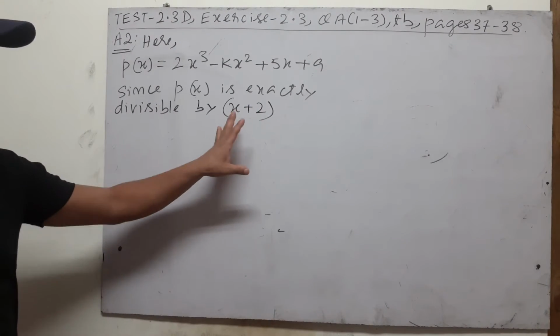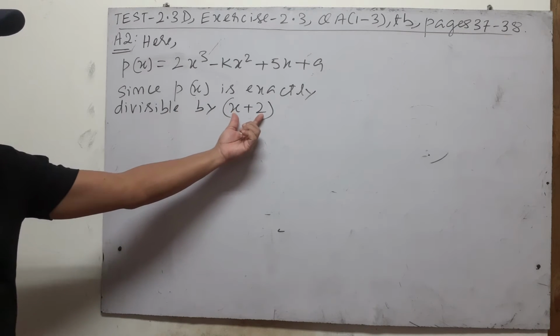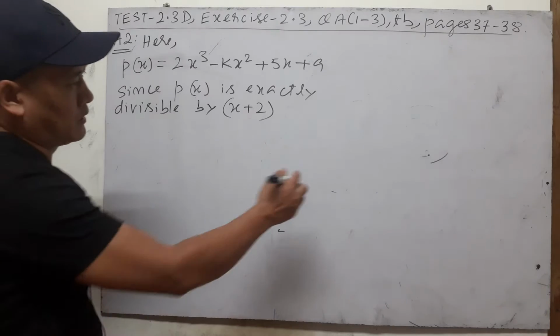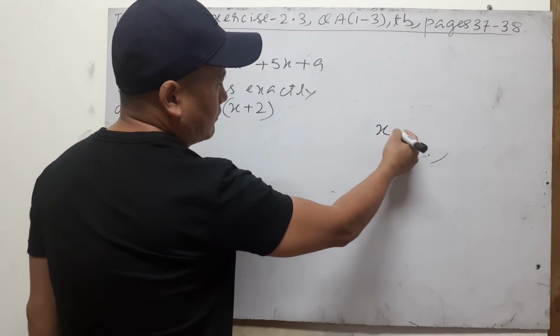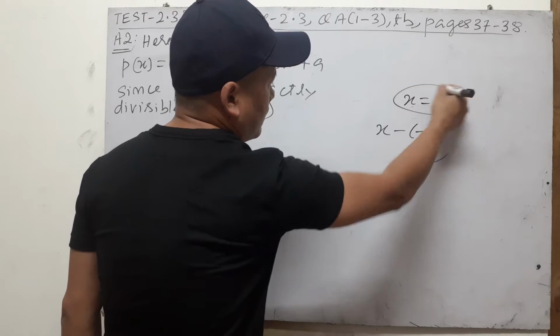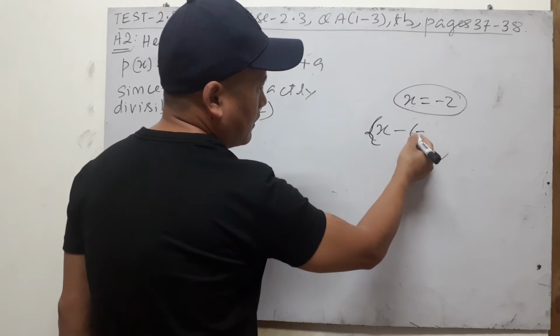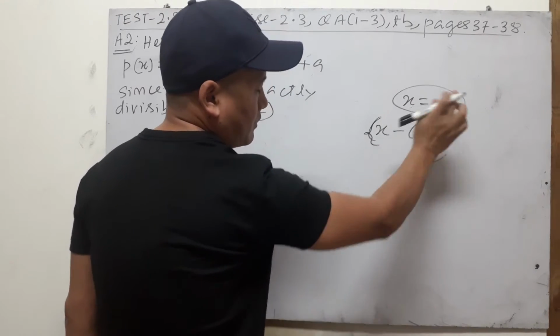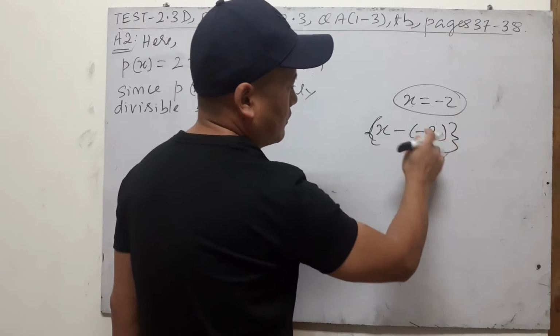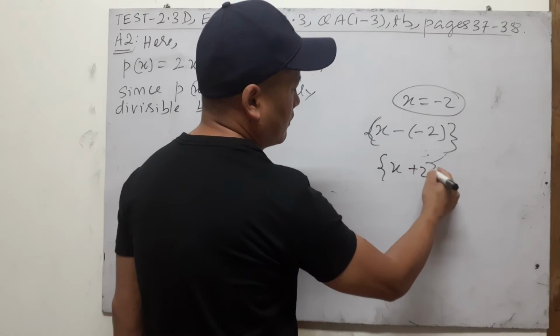So since this is exactly divisible by x plus 2, one zero will be here. See, if the x value is minus 2, then one of the factors will be x minus the root, the zero. If one zero is this one, then we're going to get x minus minus 2, which is x plus 2.